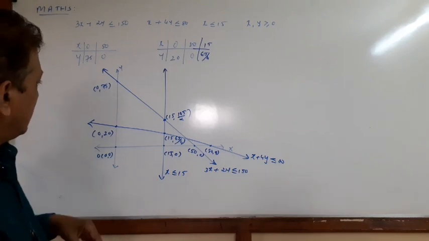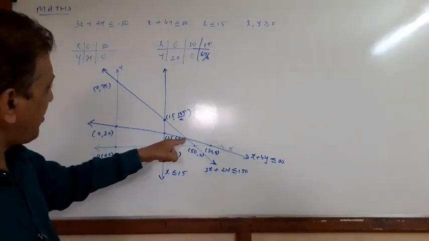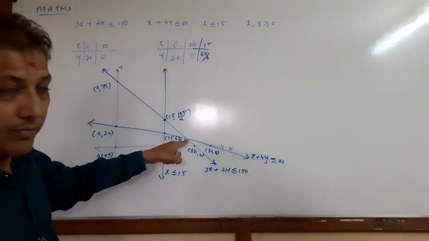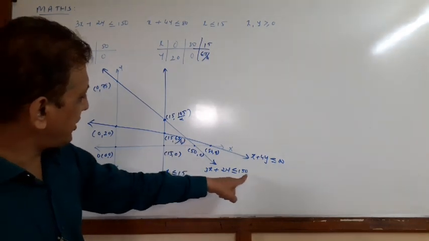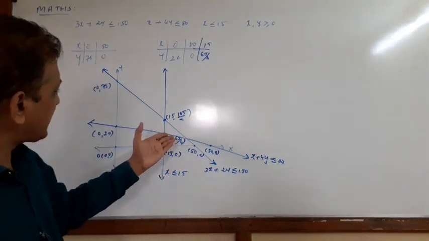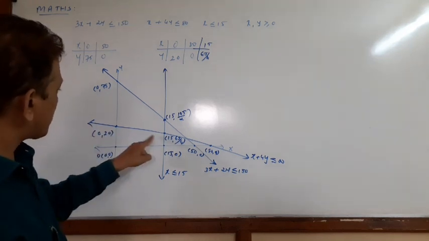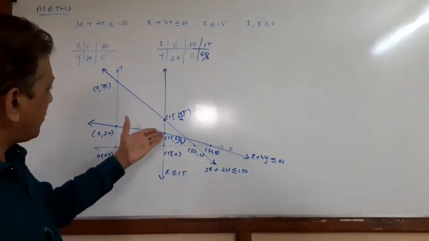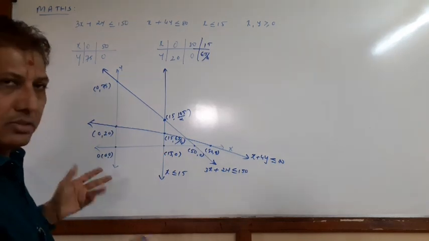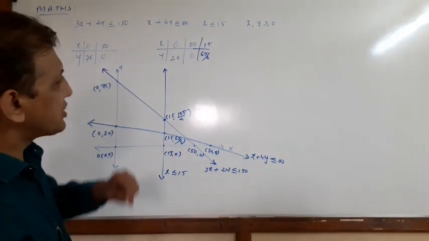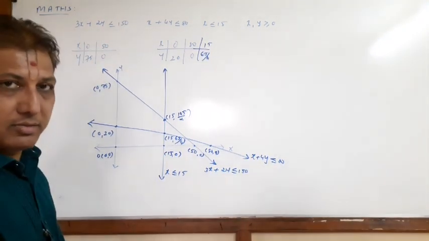Both are less than. So here it is not necessary to find this point. Look, these two equations, 150 and 80, are not necessary because this part is not included in the area. We take only this portion. So we have all the 4 points. So why should we solve this equation? Done it?